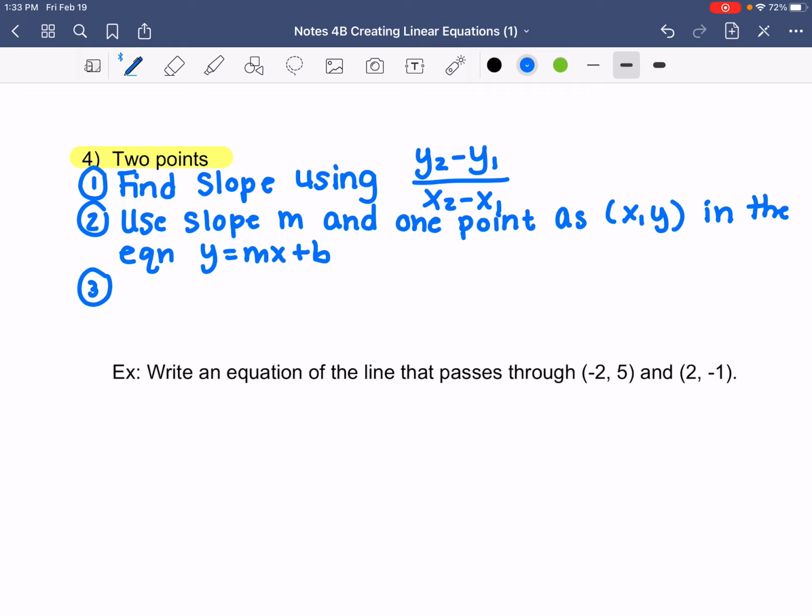And then just like the last problem, the only thing that you won't have is b. So you're going to go ahead and solve for b. And then last step, you'll just plug m and b back into the equation.